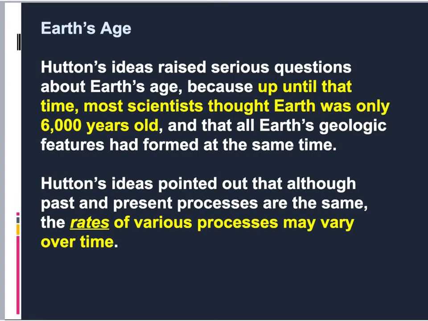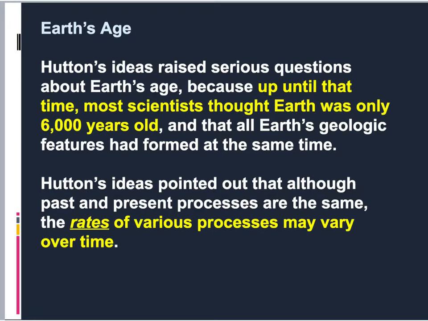So think about this idea, right, and what this might mean for the bigger picture. Hutton's ideas raised serious questions about the Earth's age, because until that time, most scientists thought the Earth was only about 6,000 years old. So remember, there wasn't much scientific dating in terms of chemical analysis of rocks, right?